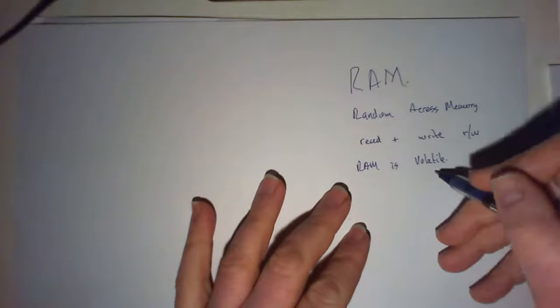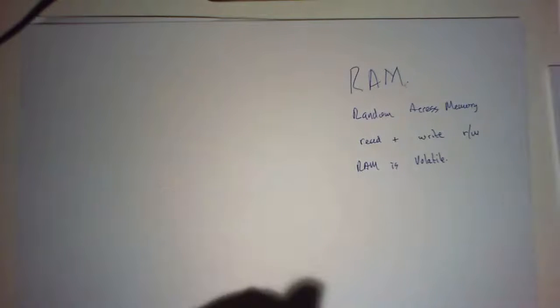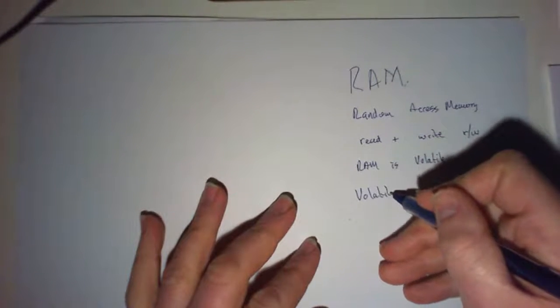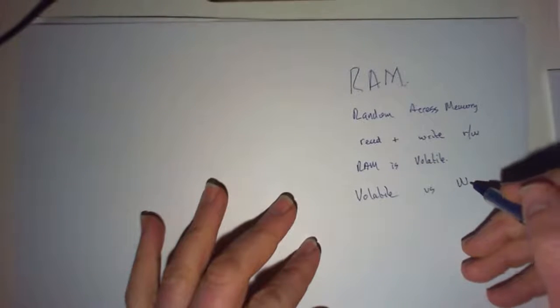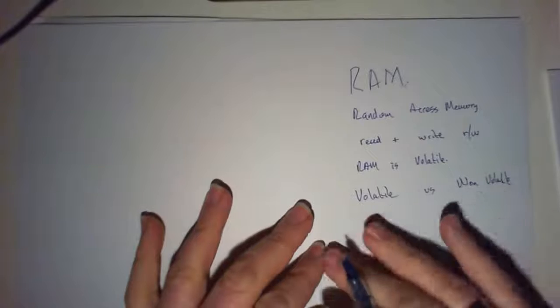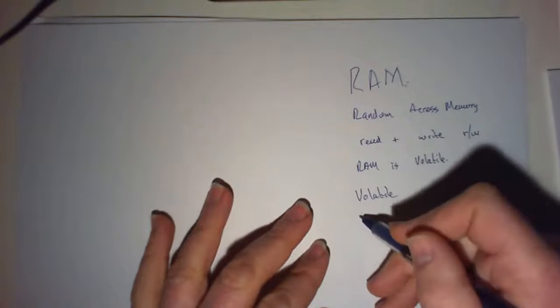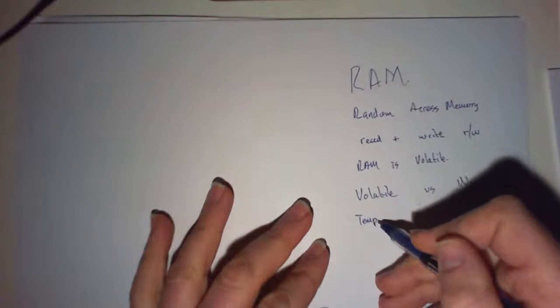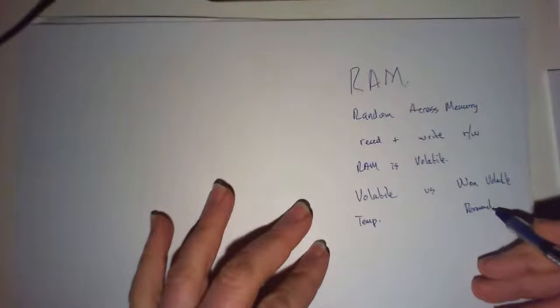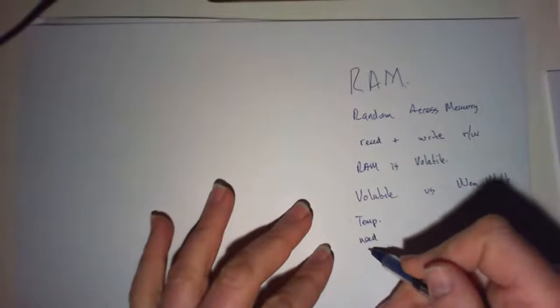So what does volatile mean? Well, there's two types: volatile versus non-volatile. And it comes down to something very simple. Volatile is temporary. You need power.